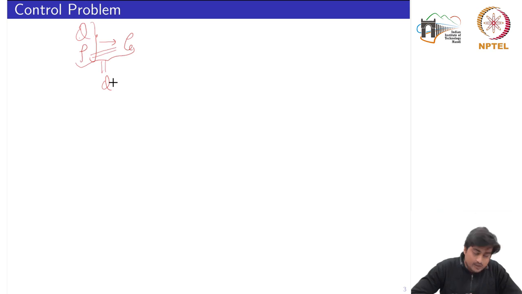If you recall, during the controllability week, when we were discussing the characterization of the controllable and the reachable subspaces, we not only gave the conditions for controllability and reachability, but at the same time we computed the controller as well.